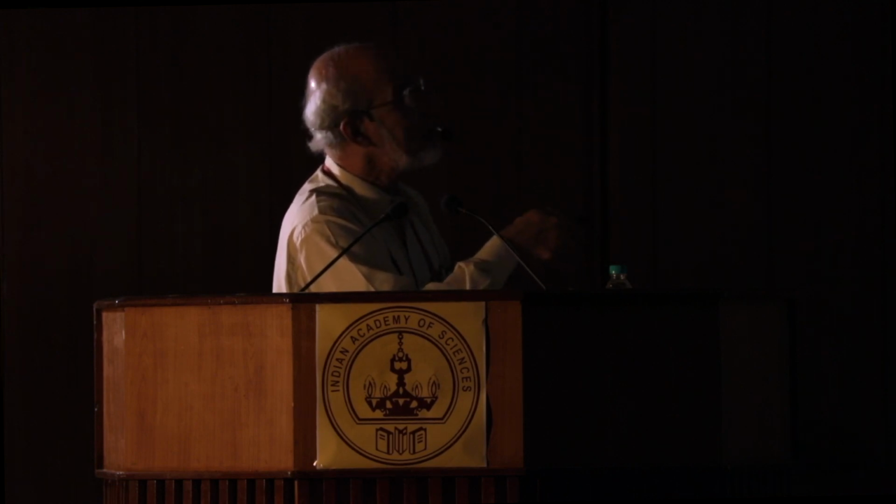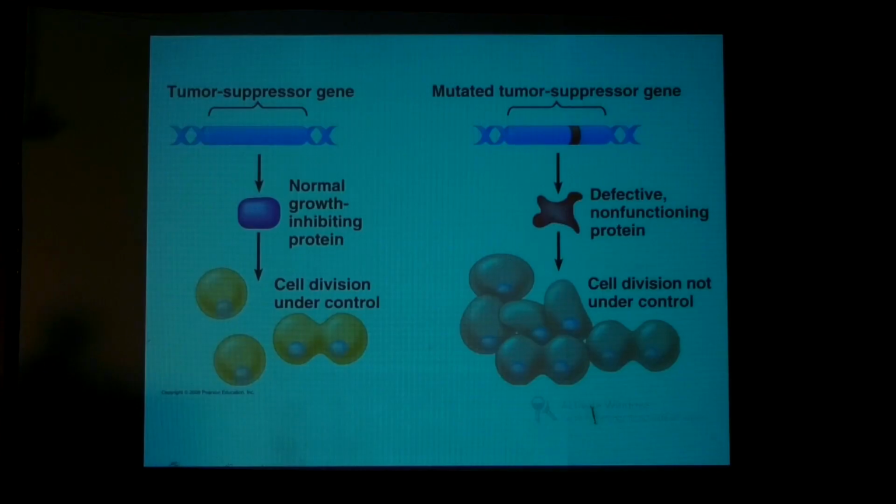The point to note is that tumor suppressors are usually awake. Because of certain kinds of DNA changes, they will go to sleep and they will predispose you to certain kinds of cancers. So this is a mutated tumor suppressor gene where it will stop producing the protein and it will produce strange kinds of cellular division.